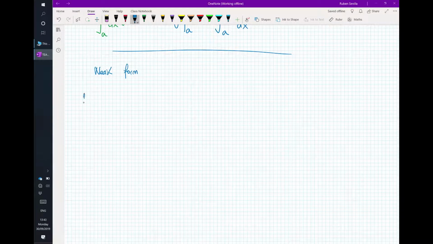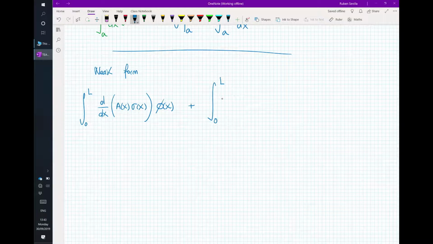I have the integral from 0 to L of the derivative of area times stress multiplied by phi, plus the integral of F multiplied by phi. Okay, that's my integral equation. I just split the equation into two.